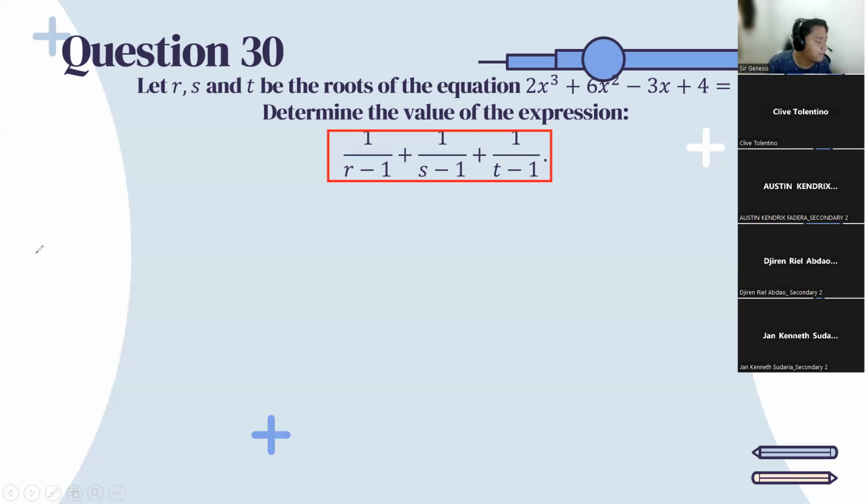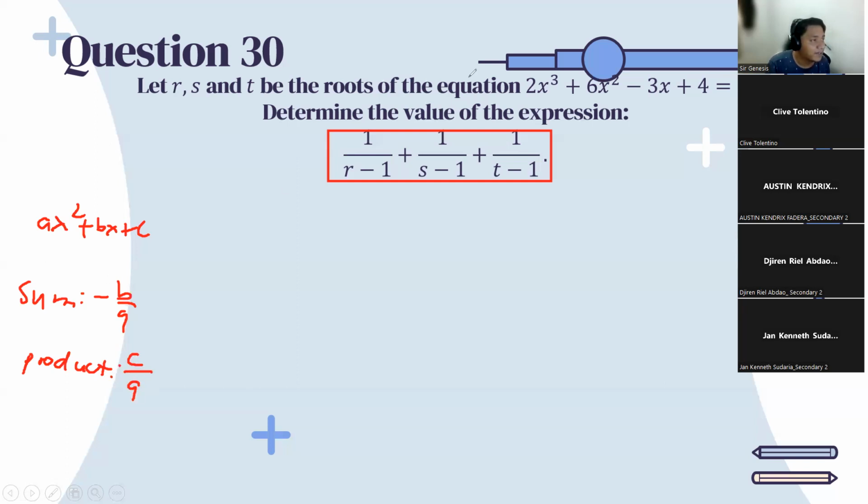If you remember Vieta's formula for quadratic, if you have ax squared plus bx plus c, then the sum of the roots, let's say m and n, I'll just write sum. The sum will just be negative b over a, while the product will be c over a.